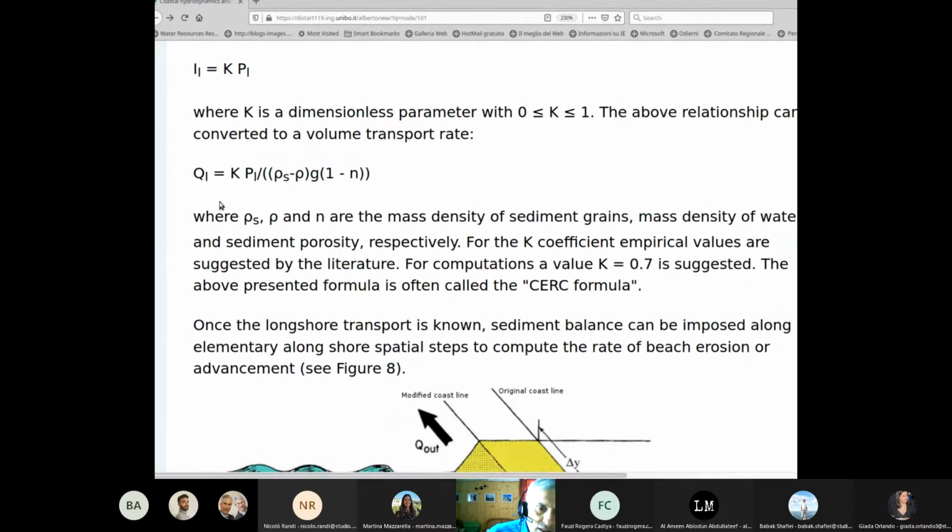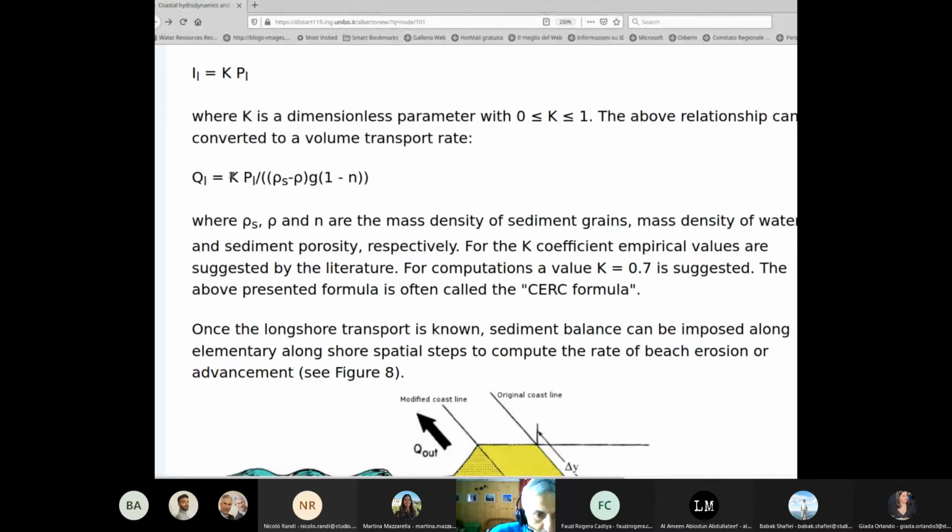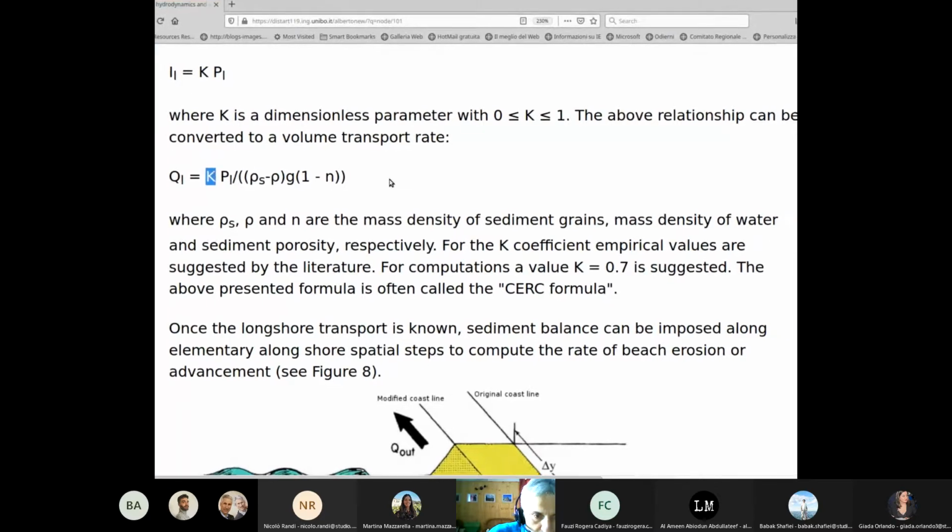Then you measure the true sediment rate, and maybe you realize that the true sediment rate is lower. Then it means that you have to change the value of K to match what? To match what you observed with what you simulated. Because this is a way to refine your empirical model.